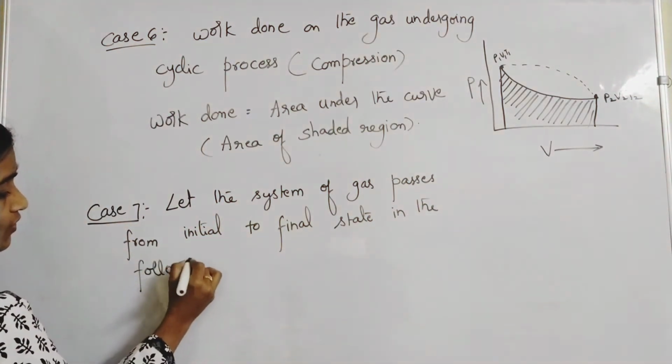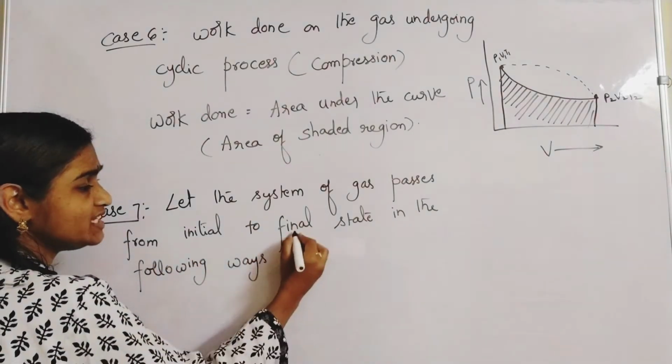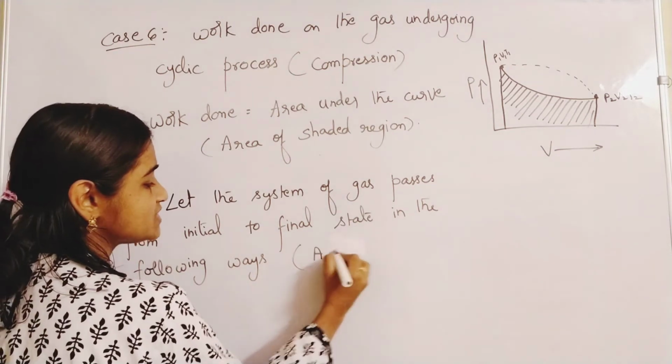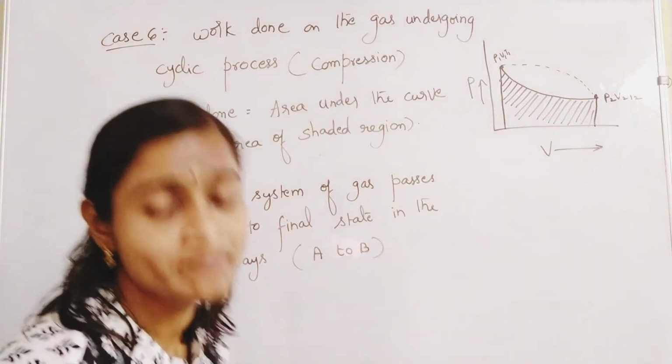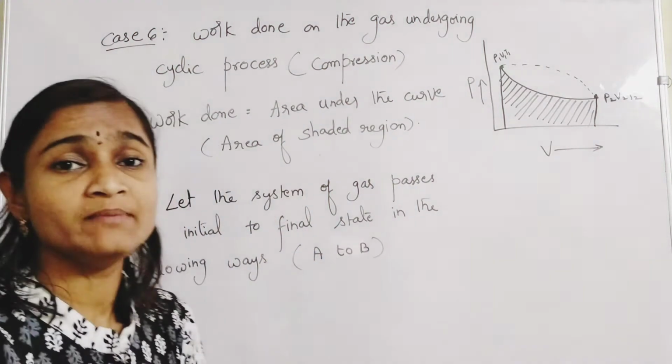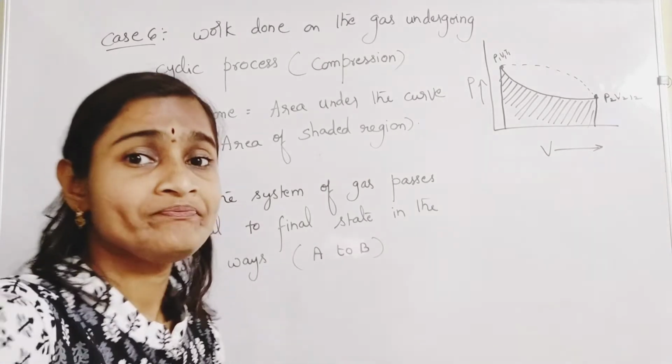Initial state to final state means from A to B. Let us name it A to B. Better I fill ink in my pen, it will look darker.